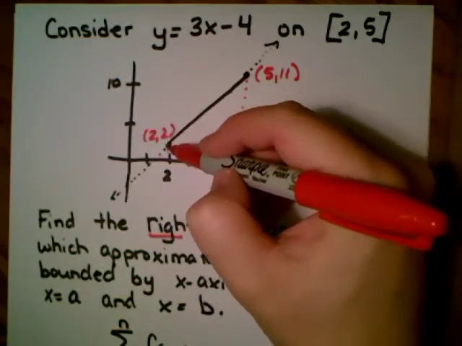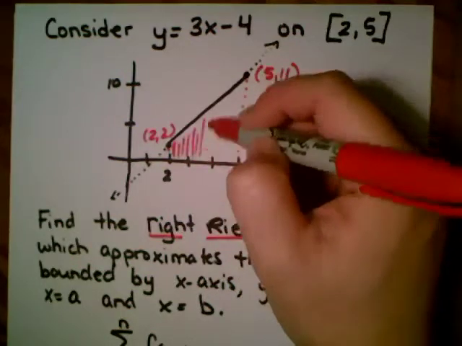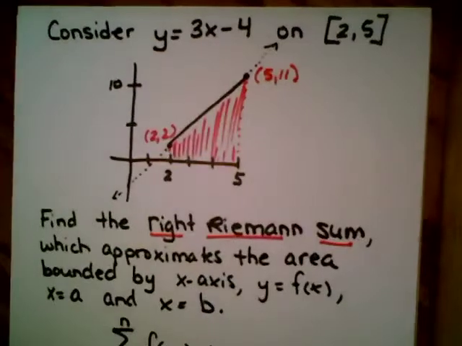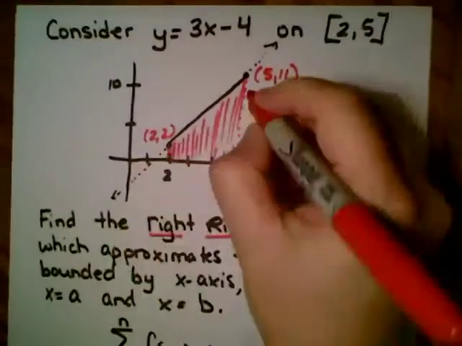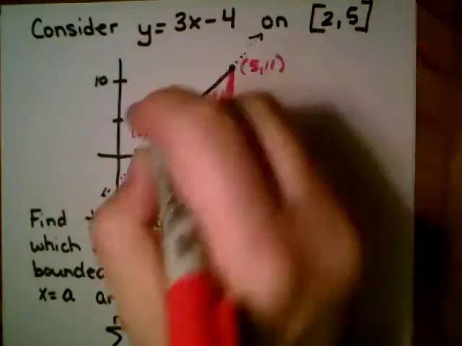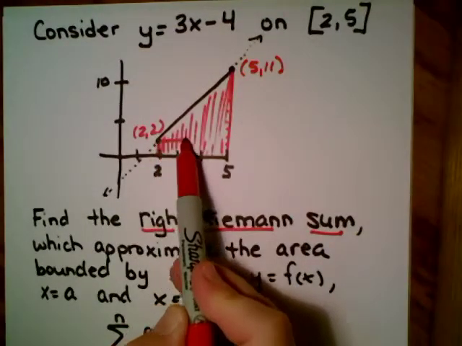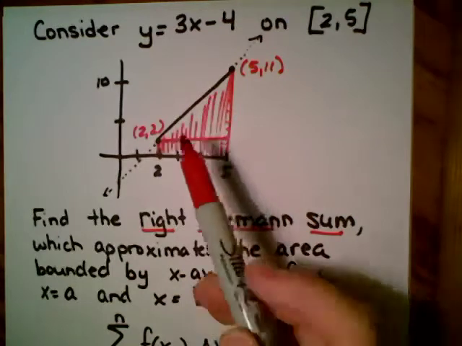And so the right Riemann sum is going to approximate the area I've shaded here in red. This area would be a trapezoid. And later you might want to look back and think about what the area of this trapezoid would be.